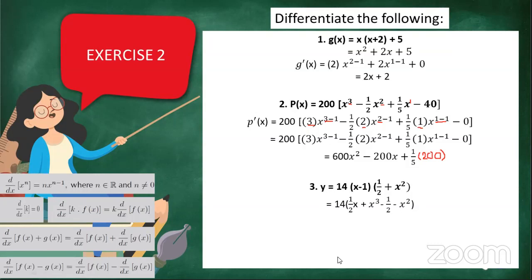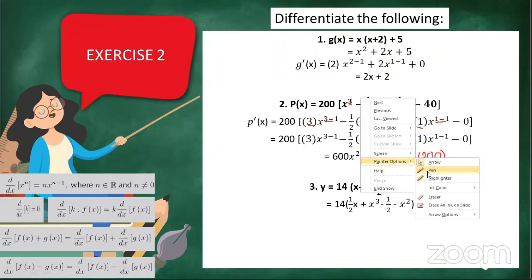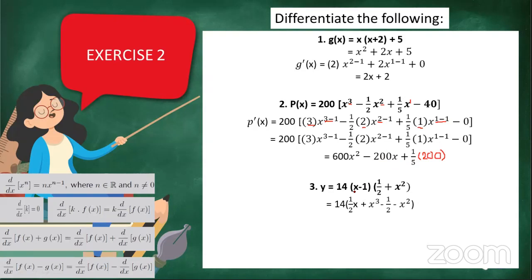Then same thing with this one. You have 14 multiplied by a binomial and another binomial. And what we know is you have to say this multiplied by that plus this multiplied by that, and this multiplied by that, also -1 times negative x squared.